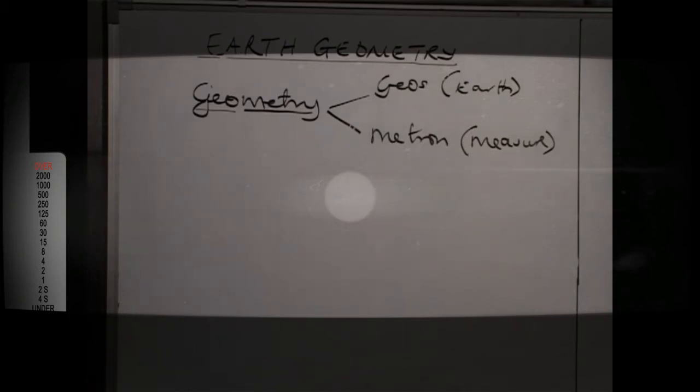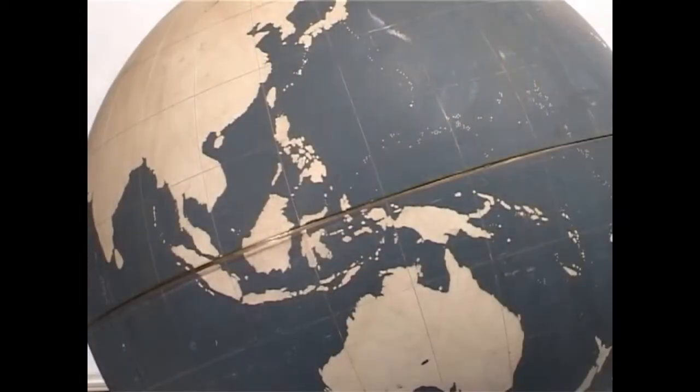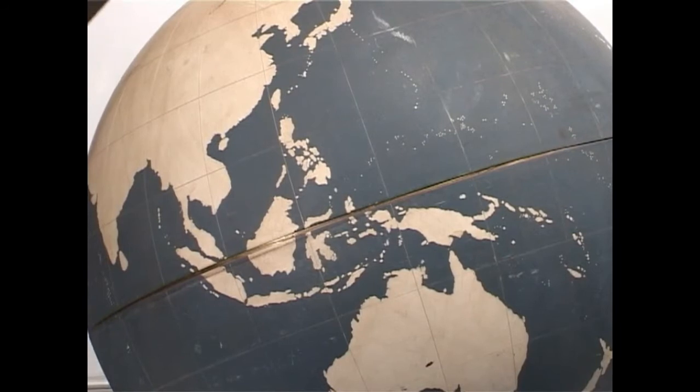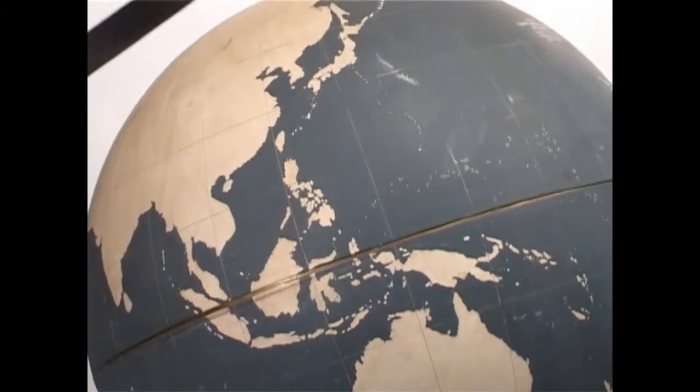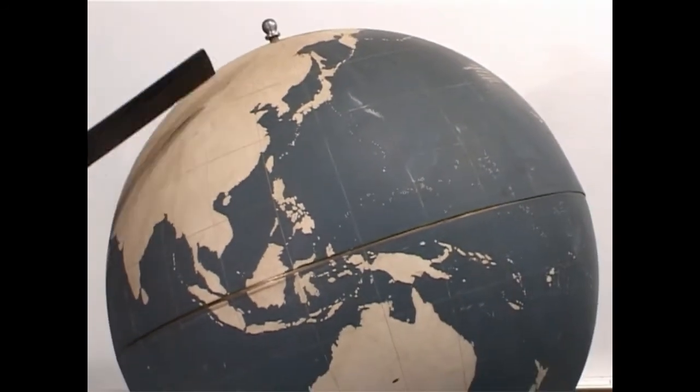And now, since we have understood what geometry and earth geometry is all about, we can go into details and look at the parts of the earth. Now let's look at the globe and see the parts of the earth. This is the earth. As you can see, the earth has lines.